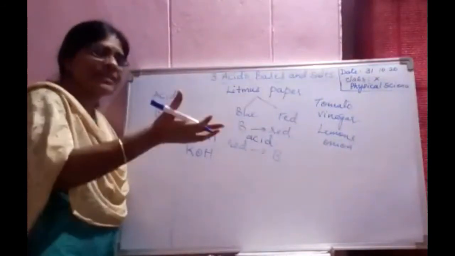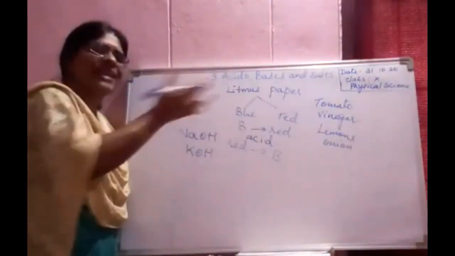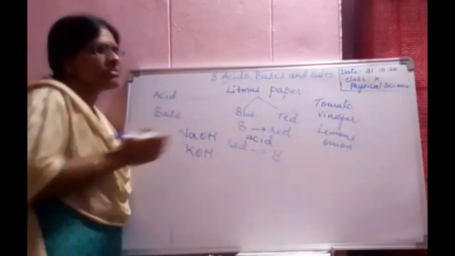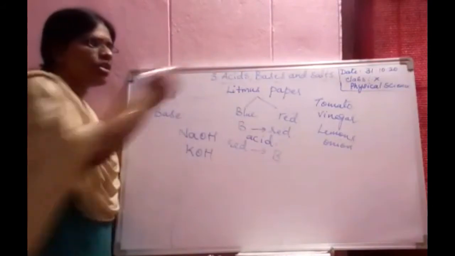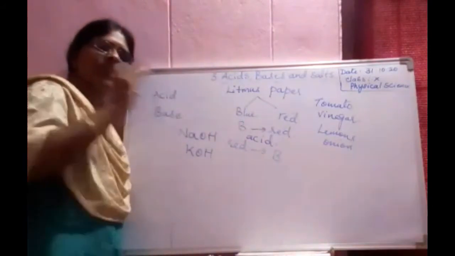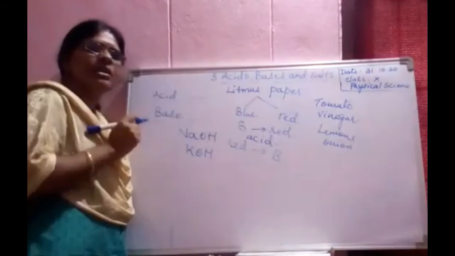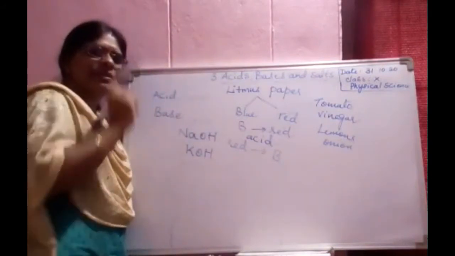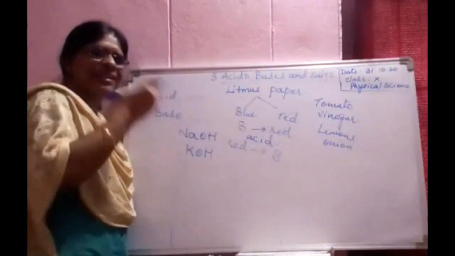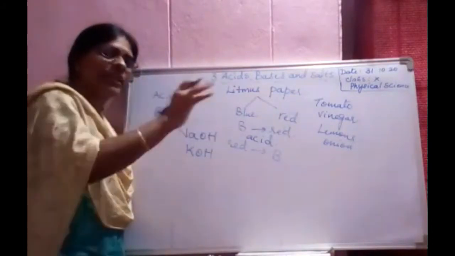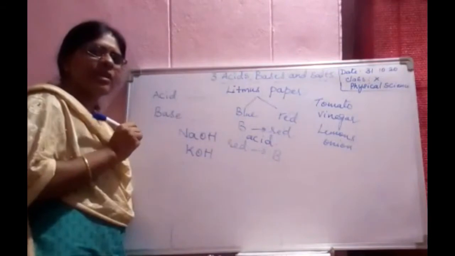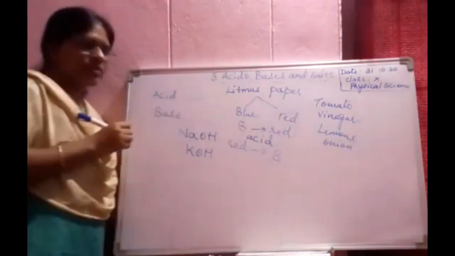Just name the acids if you can find out. If there are bases, name the bases. Not only in these, you can find out on the tablet. Whenever you take a tablet, on the tablet strip there will be something. You read them and find out.